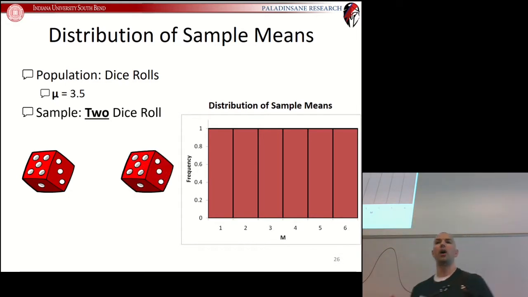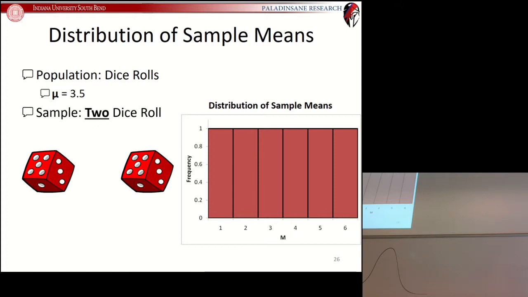If we found all possible samples from this population and we took each of theirs, so once again, we're rolling the dice and we're seeing what happens. And on that first roll, we get 2 3s, so the average is 3. On that second roll, we get a 1 and a 6, so the average is 3.5. On that next roll, we get a 5 and a 4, so the average is 4.5, right?